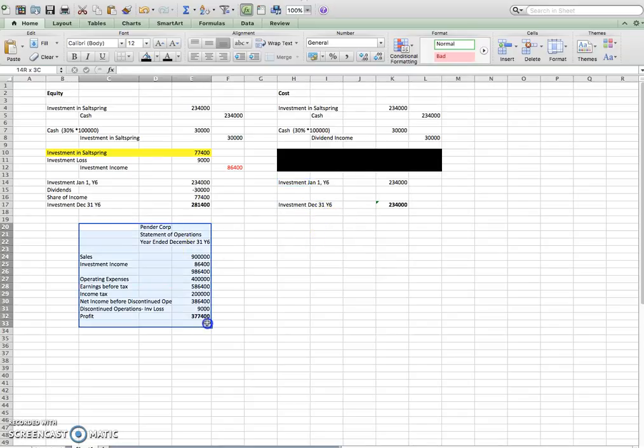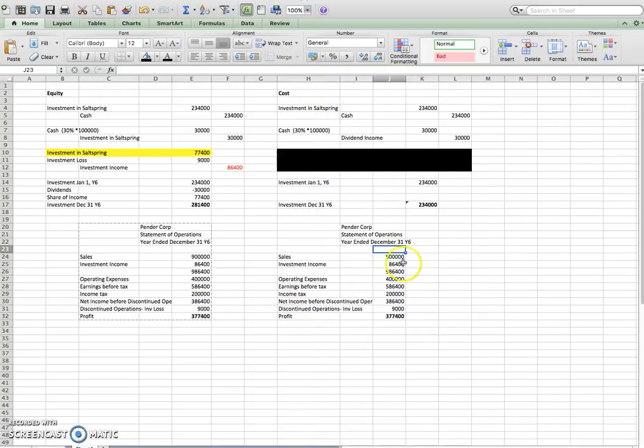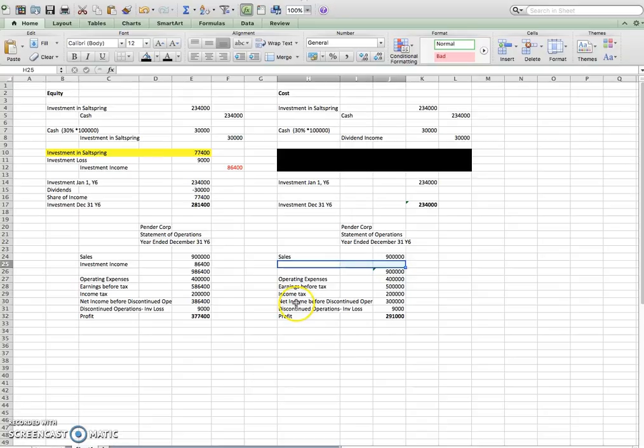Now for the income statement, once again, it's easiest if we just copy it over. I'll make it a little bit more spread out. There we are. Now we won't have this transaction because you noticed it's missing from above. So let's just clear it. We also won't have our discontinued operations transaction in the mix. So let's just clear it out. Now it shows that we have 300,000.